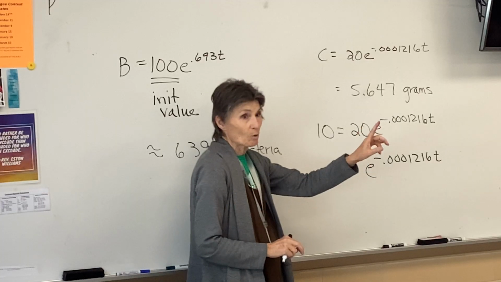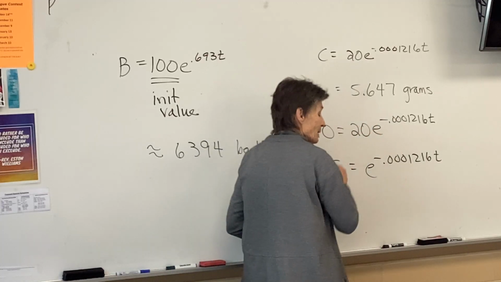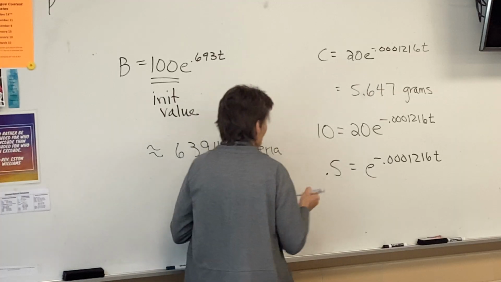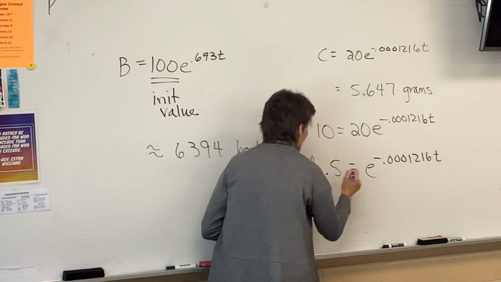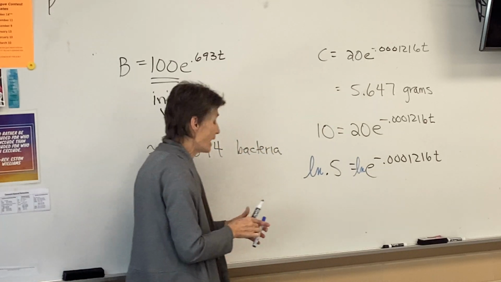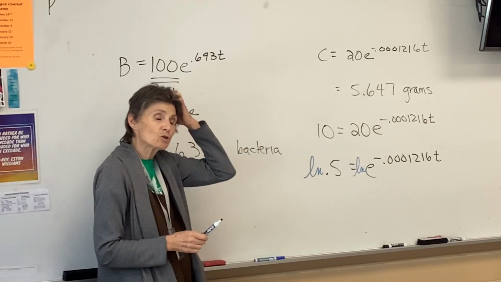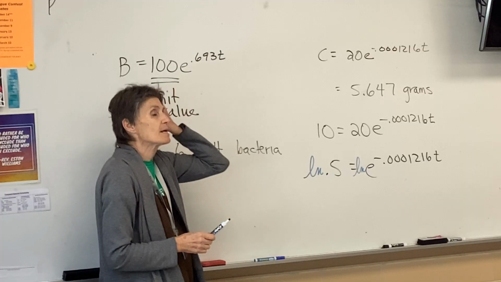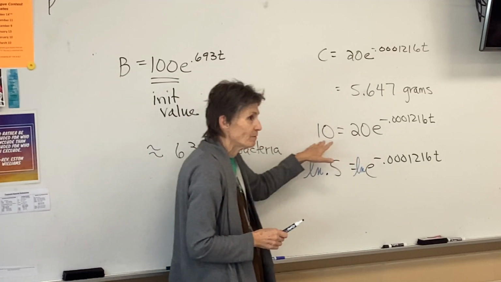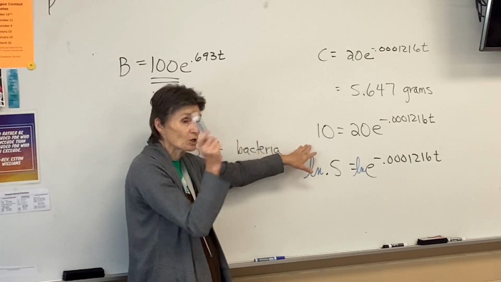His teacher from last year will be so proud. One option is to take the natural logarithm of both sides. Do not do that until after you divide. Make sure you do the division first.